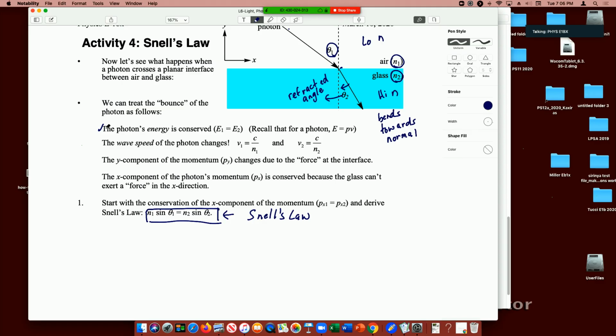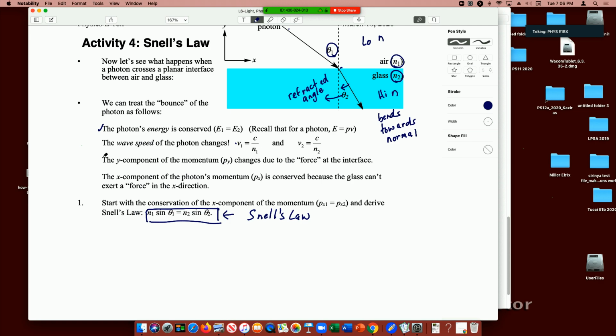The energy of photons is conserved, just as it was in the case of reflection. So we know that the initial energy of the photon here in the air is going to equal the final energy of the photon here when it's in the glass. Okay. However, this is different, right? We now know the wave speed changes, and we know that wave speed is governed by this relationship.